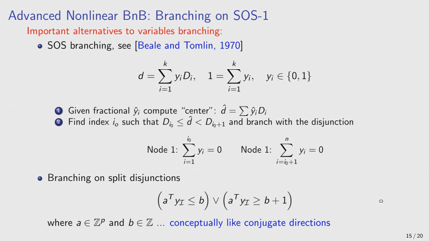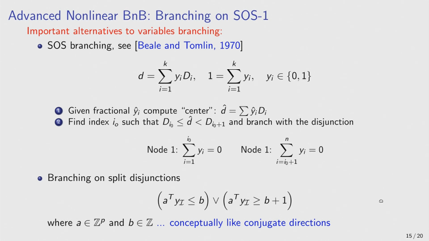And then you create two nodes where you set everything to the left of d hat equal to 0. So this node corresponds to saying d hat has to be greater or equal to d_{i0+1}. And this corresponds to the node where I say d hat has to be less than or equal to d_{i0}.